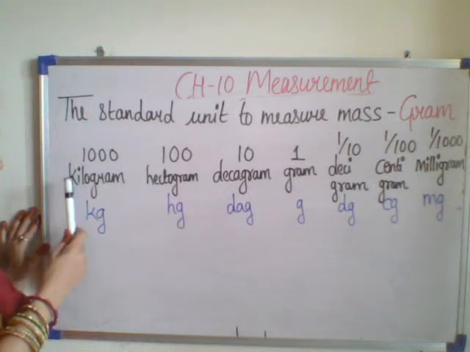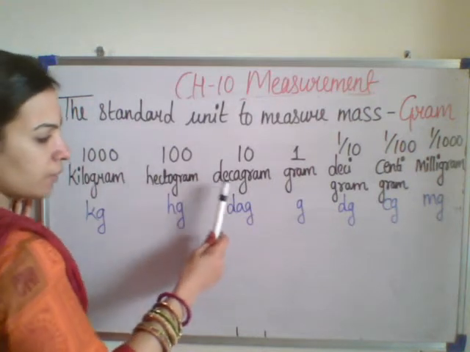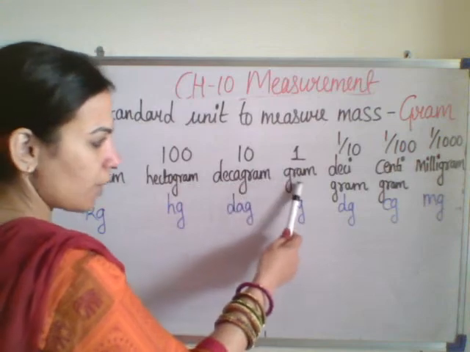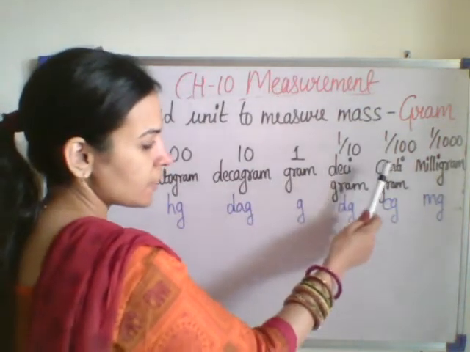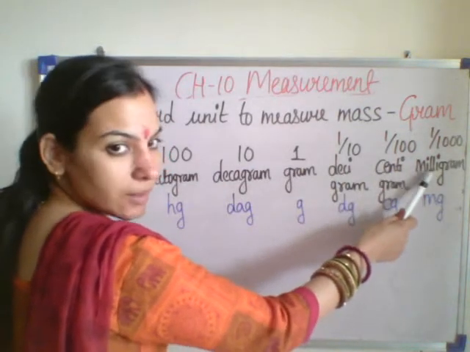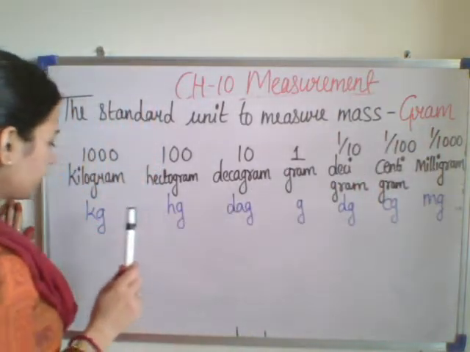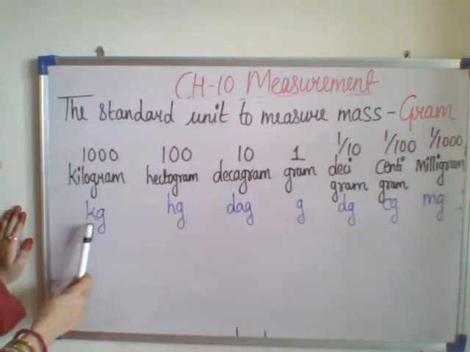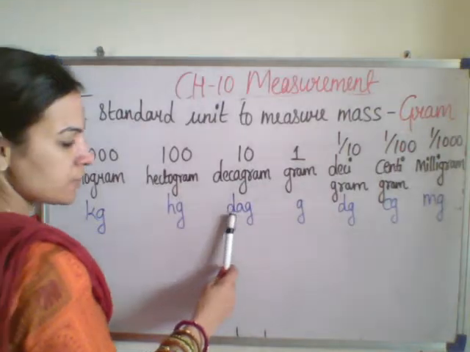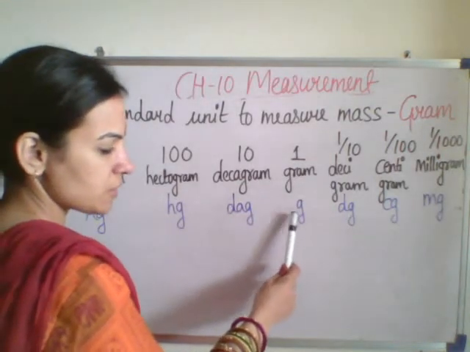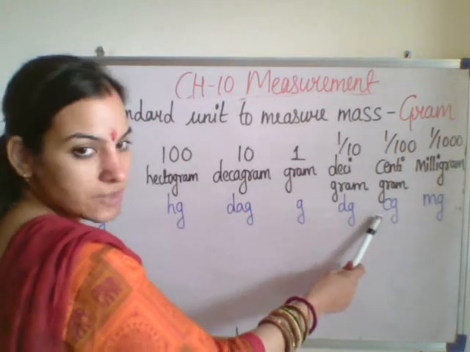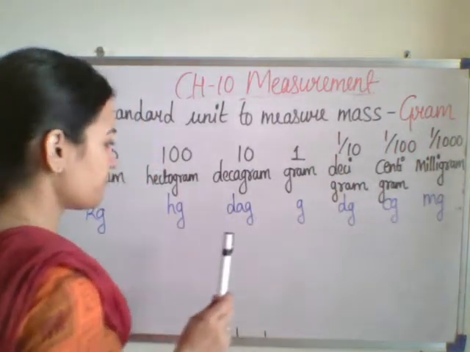First is kilogram, hectogram, decagram, gram, decigram, centigram and milligram. Here: kg, hg, dag, g, dg, cg and mg.